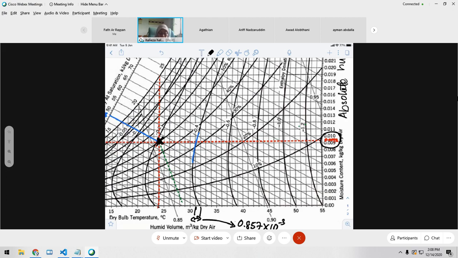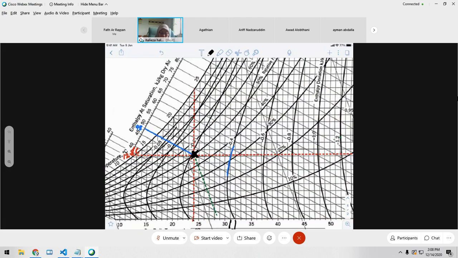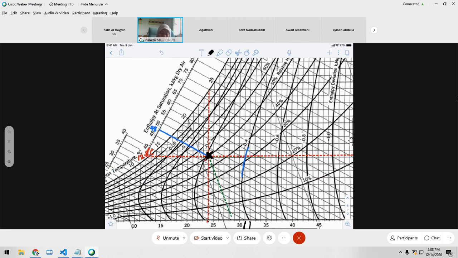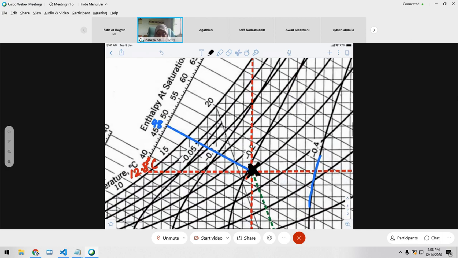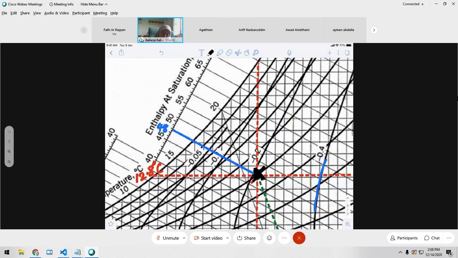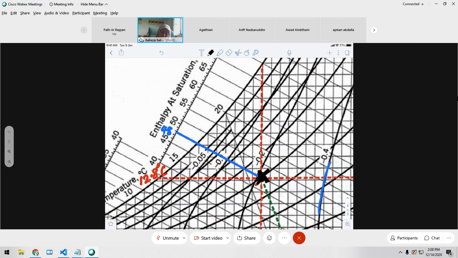Yeah, and if you want to get the enthalpy, you just go horizontally, then diagonally along the slanting blue line. You will come out to, let me see, what is that value? Let me erase this.